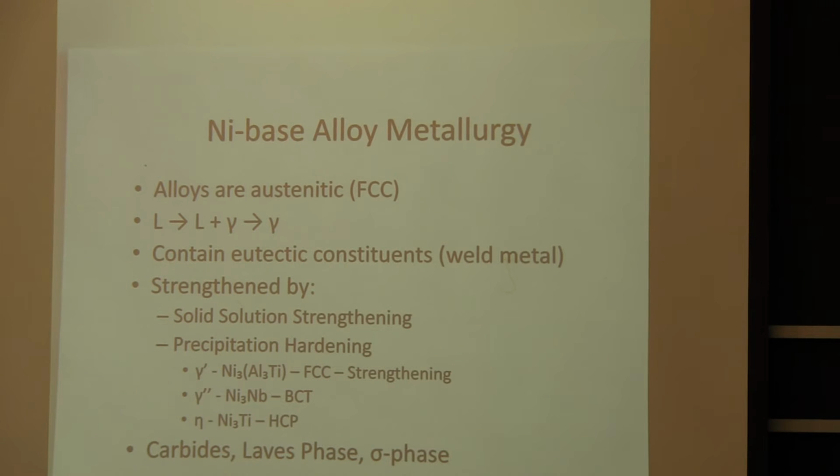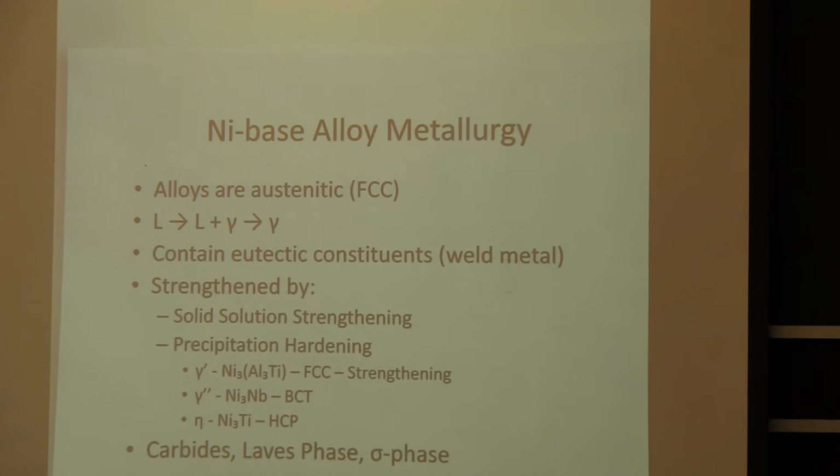A lot of times they contain eutectic constituents, which are low melting phases. As the materials solidify, they grow together as fingers, and between those fingers, the last stuff to solidify is called eutectic. It's often a lower melting temperature than the rest of the material, and we'll talk about that as we talk about solidification cracking.